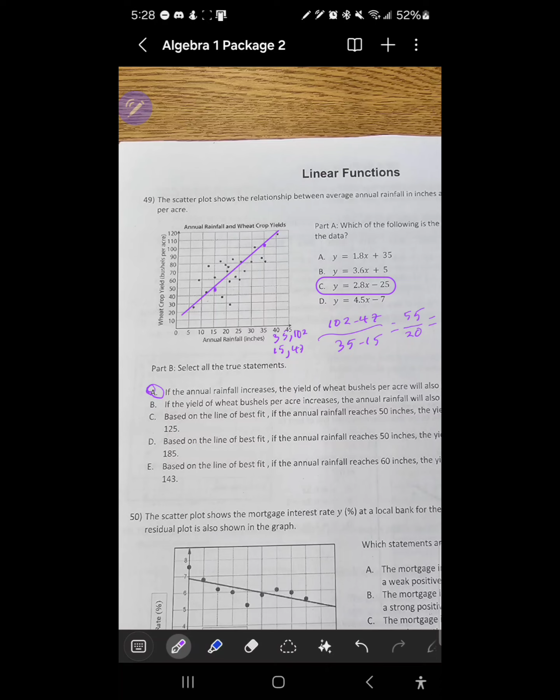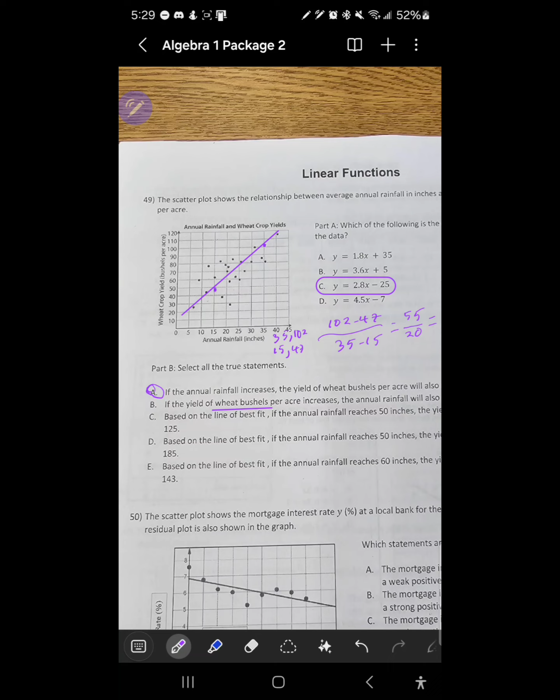I think it might be a tricky question. It might be a tricky question because if you consider the actual natural world, the yield, the wheat bushels, we know that there's a plant, and if for any specific reason the production of that plant or that orchard increases, it does not mean that it is going to rain more.